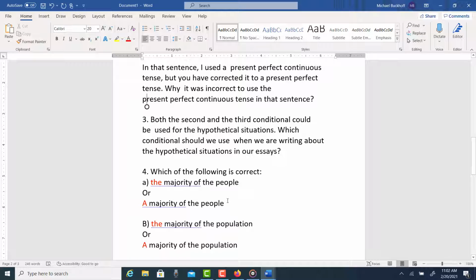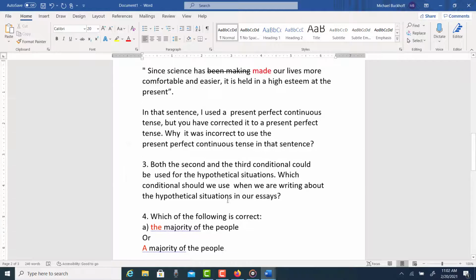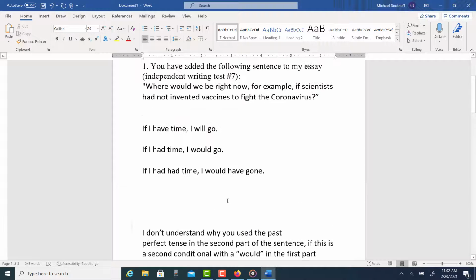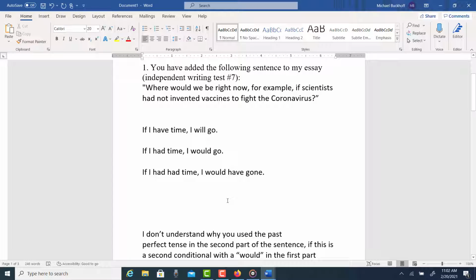Okay, let's look at your next question. Both the second and third conditional could be used for hypothetical situations. Which conditional should we use when writing about hypothetical situations in our essays? It just goes back to answer your question. Are you talking about a present possible situation? If so, this is what it looks like.